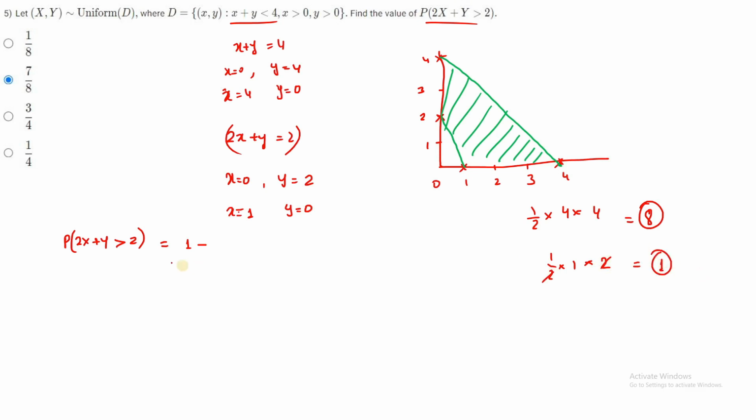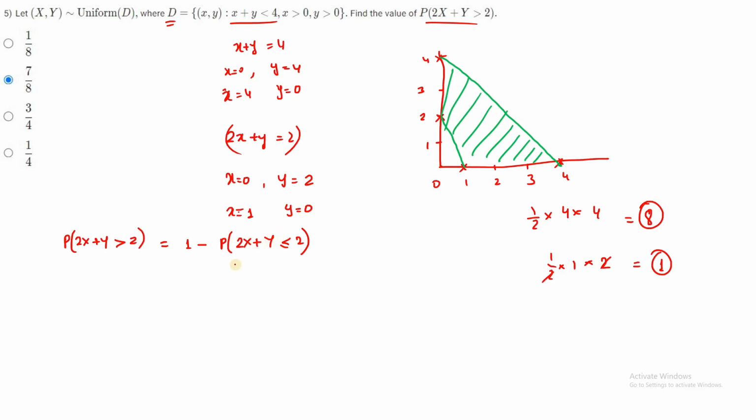Okay, so which is nothing but 1 minus probability of 2x plus y less than or equal to 2, right? So in this whole area we have to subtract this particular guy. I'm sorry, not this area, in the total entire solution, this particular area, the bigger triangle, is nothing but the D, right?